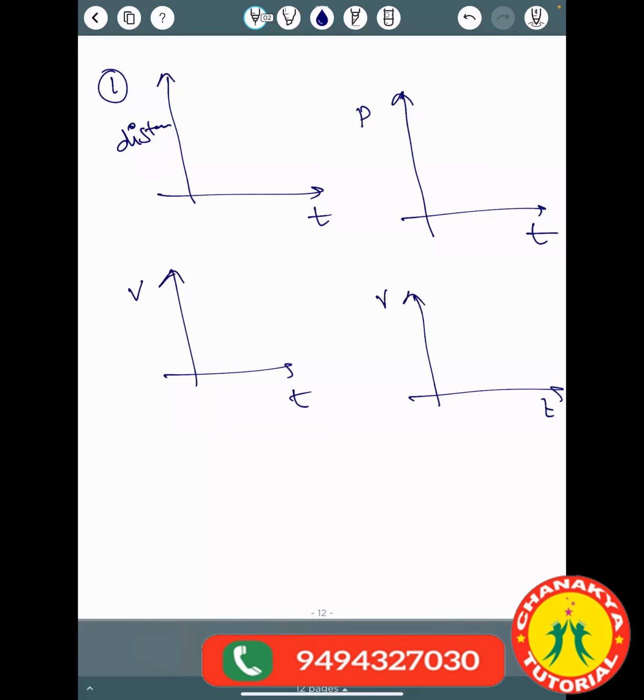Okay. First one is like this. Second one is like this. Third one is like this. Fourth one is like this. Tell me guys, which one is wrongly represented?